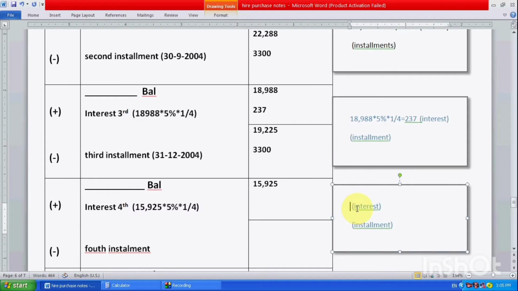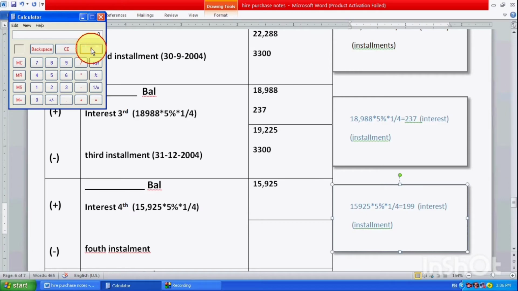See in working note, how much are we getting? 199.